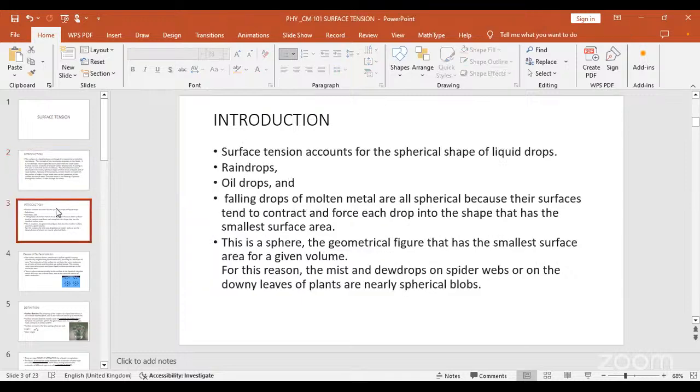Surface tension accounts for the spherical shape of liquid drops, for example raindrops. I'm not saying when the rain is heavy. Let's say it's dripping from the roof, falling on you, it comes out in a spherical shape. We also have oil drops. So we are talking about drops now, not much volume floating.